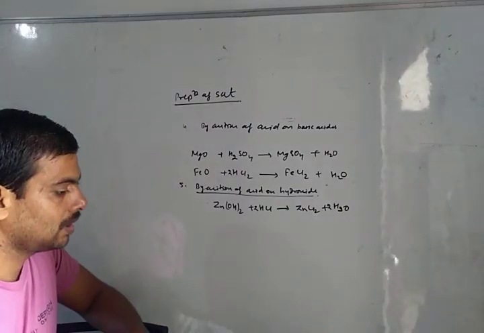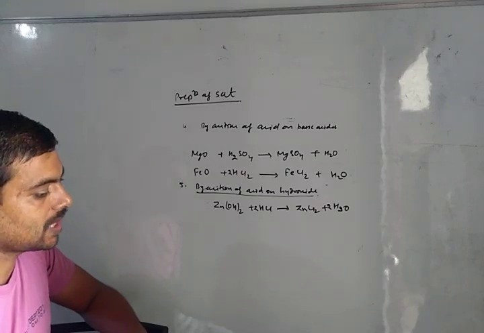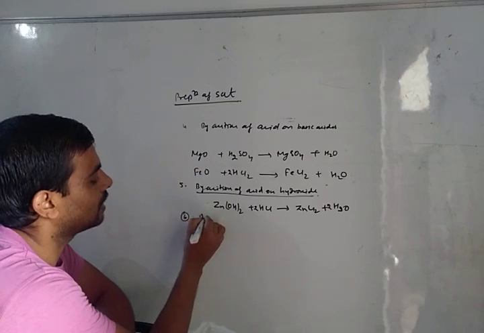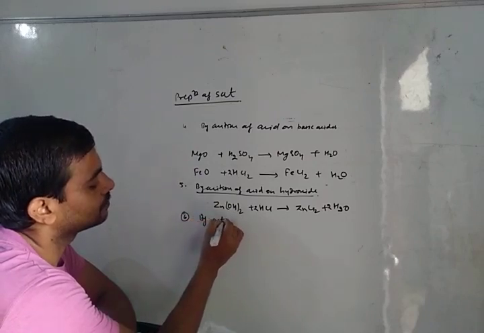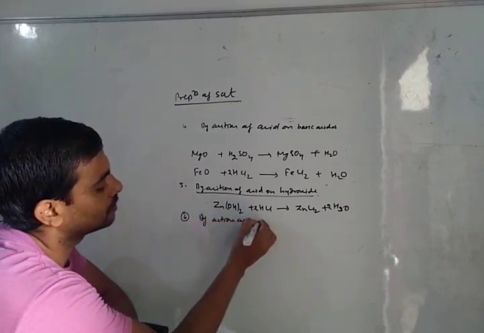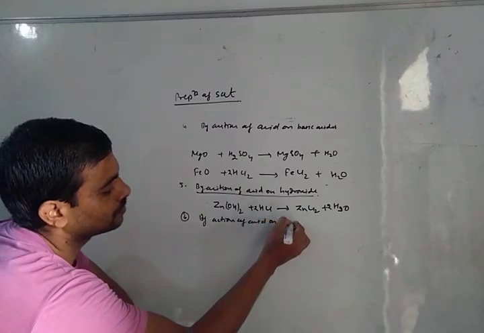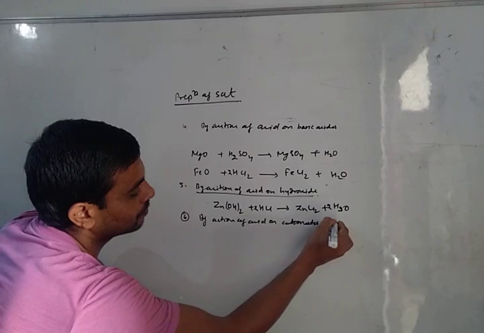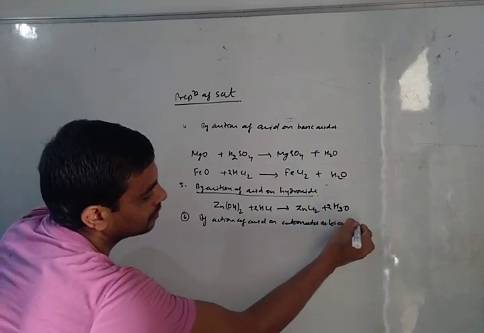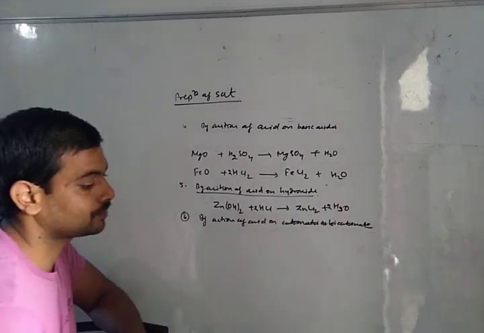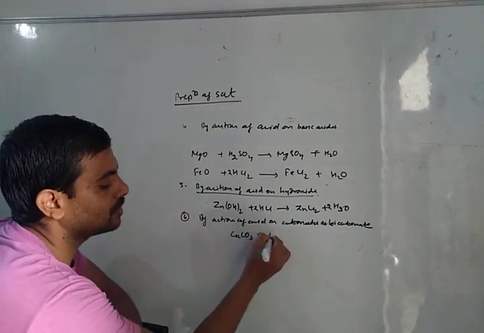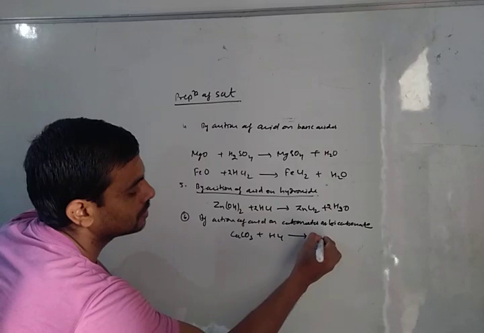The next method is by action of acid on carbonates or bicarbonates. When acid reacts with carbonate, for example CaCO3 on treatment with HCl, what happens?